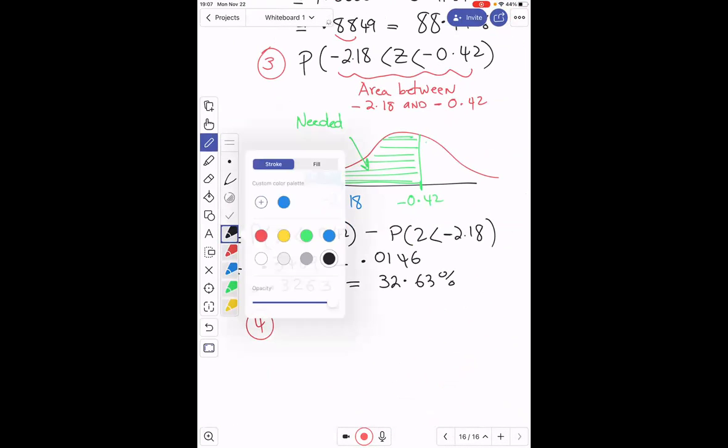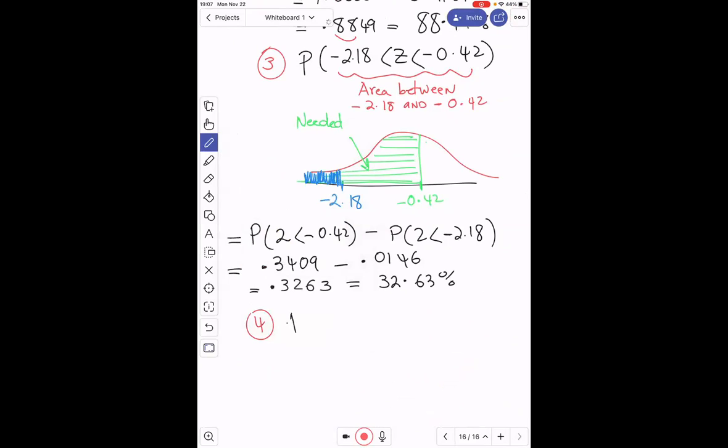So this is the probability that z is between negative 2.20 and 1.40.